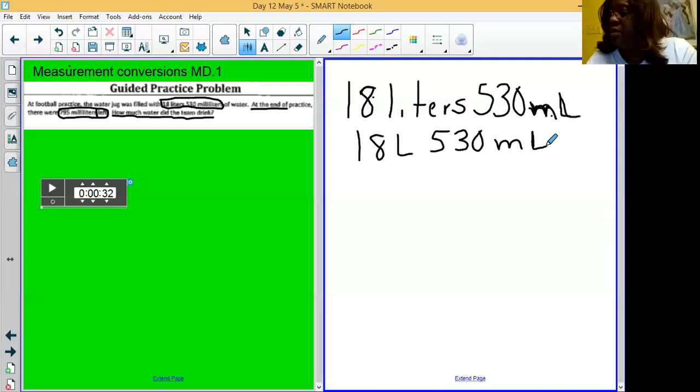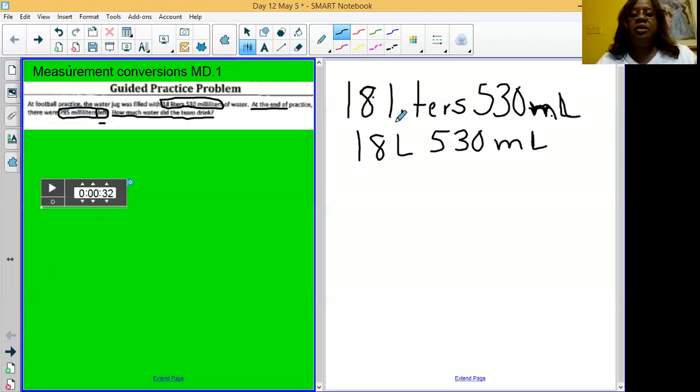Okay, so I know that milli means 1,000, and I know that 18 times 1,000 gives me 18,000. Now, the reason why I want to convert this from liters to milliliters is because I also have 795 milliliters where it says left, which means I'm going to do some subtracting. So I need to change this liter to milliliters so that everything I'll have would be milliliters.